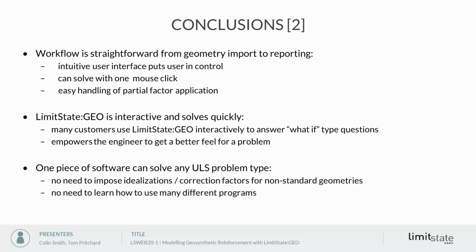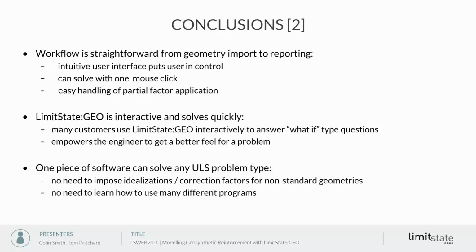I haven't been able to show you all the features of the software, but hopefully you've got the impression that it's a very easy to use software. You can solve with one mouse click. It's very easy to change parameters. It's also very easy to change the geometry of the problem. And because it solves quickly, you can use it interactively to answer what-if type questions, play around with parameters, see what's important in controlling the problem, what is not.